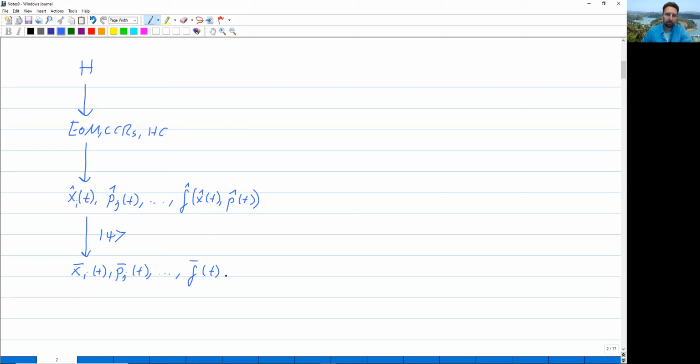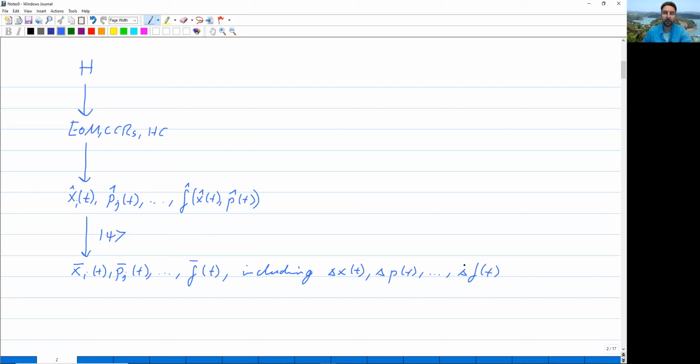And remember too that this includes predictions for delta x of t, delta p of t, and so on, delta f of t.